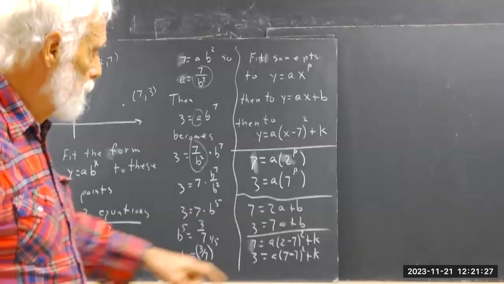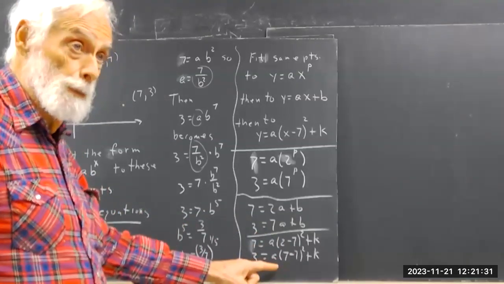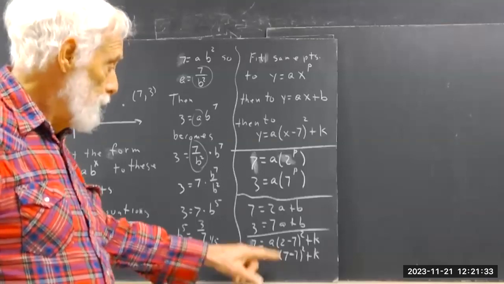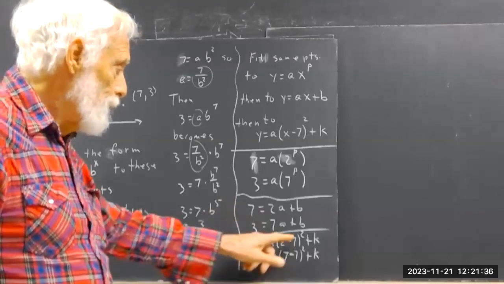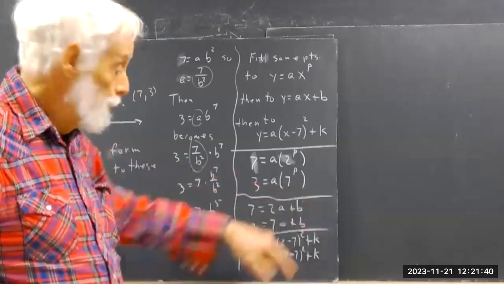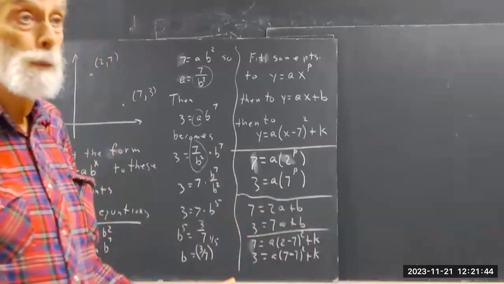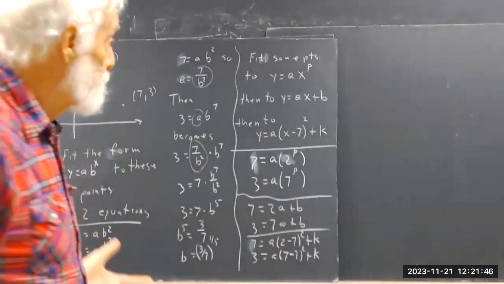And of course, you can square 2 minus 7. This is going to give you 0 coincidentally, but usually it won't. But you see that these are just going to be numbers. It's just going to be some number times a plus k. This is going to be some number times a plus k. So it's going to give you two linear equations again. Now one more.